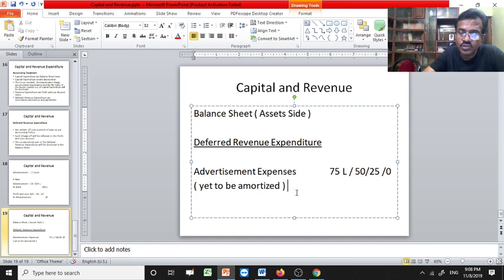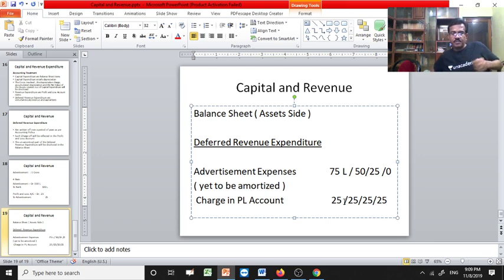And every year the charge in the profit and loss account will be the same figure: 25, 25, 25, 25.